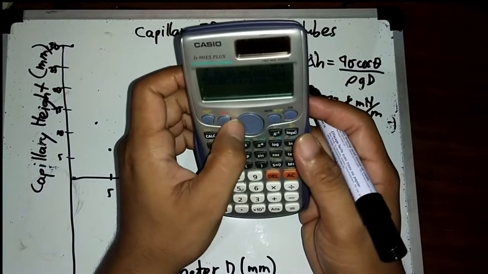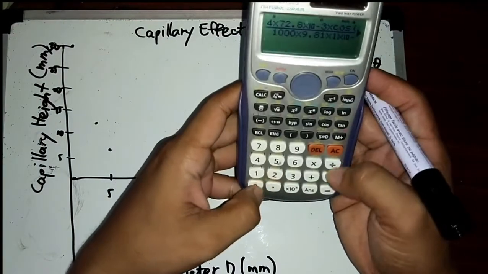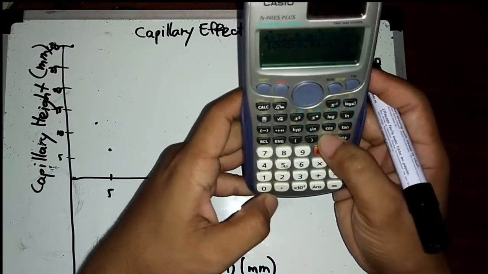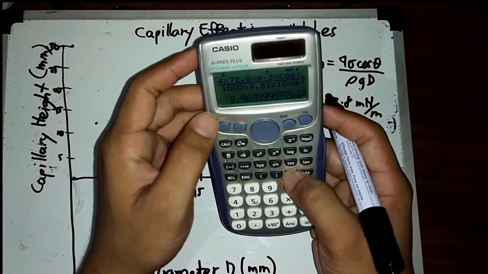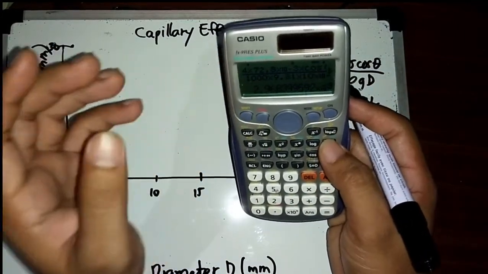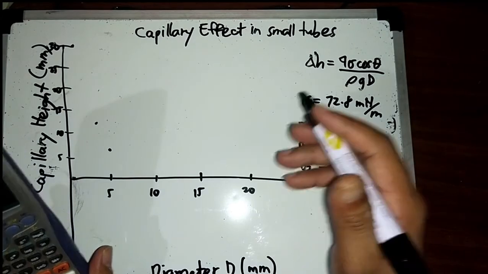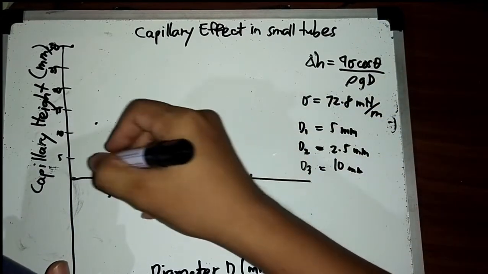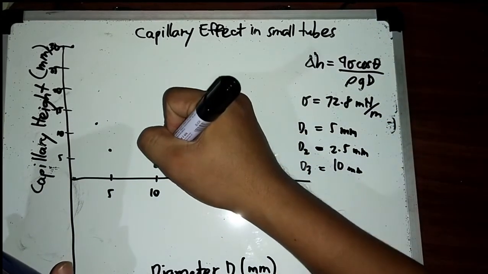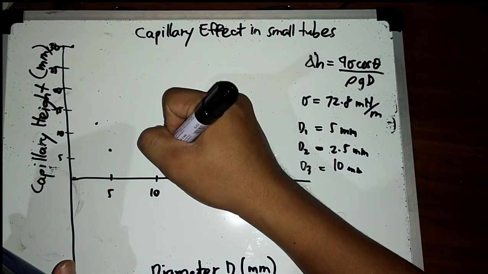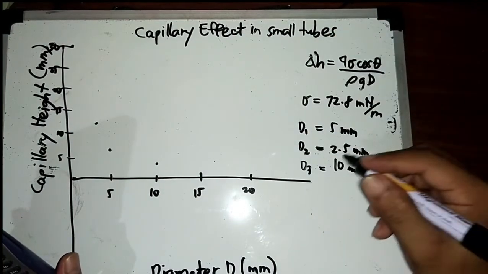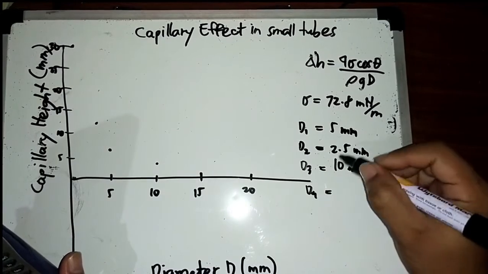So what will be the answer for 10 mm? Okay, so we will have 2.97, or almost 3, for the 10 mm diameter.